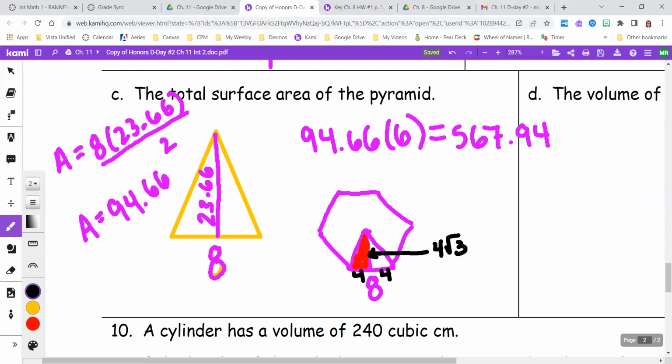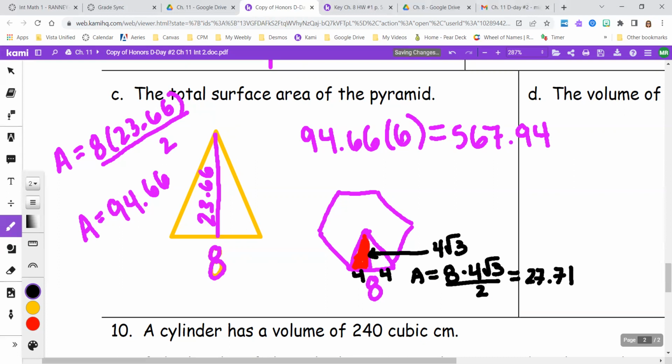So I am going to find the area of one of these triangles. I'm going to take the base, which is 8, times the height, which is 4 root 3, divided by 2. And if I put this into my calculator, I end up getting about a 27.71.